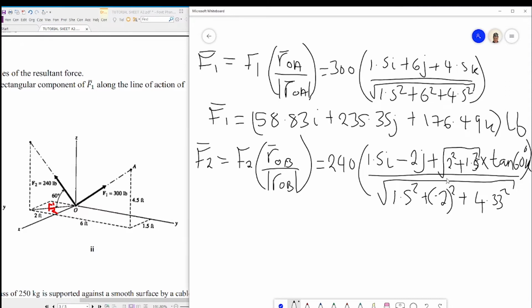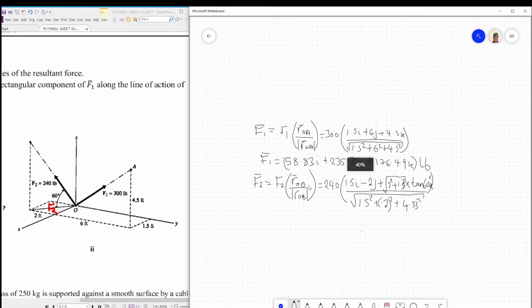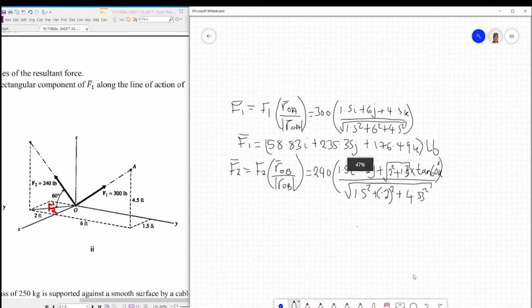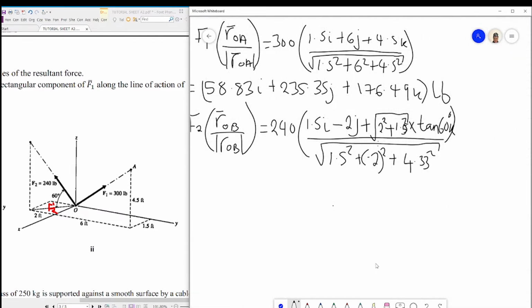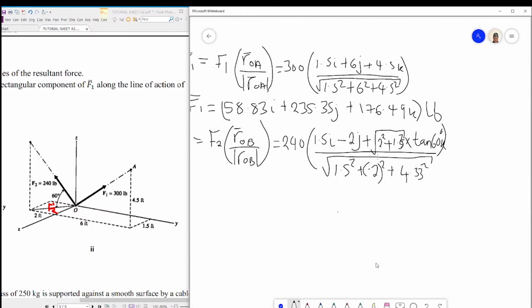So then here we see that after we do this, we have to get our FR now.